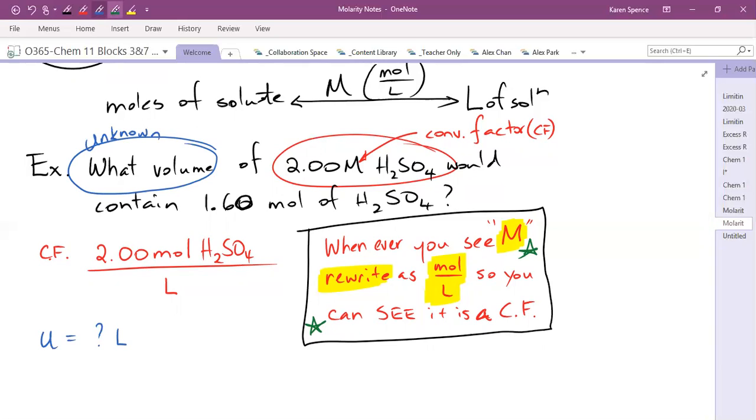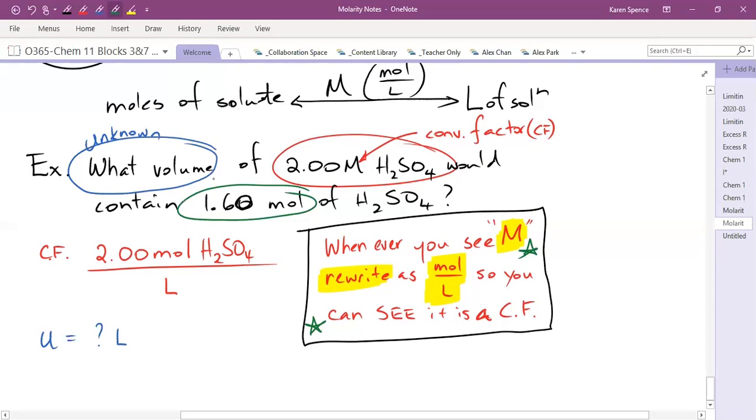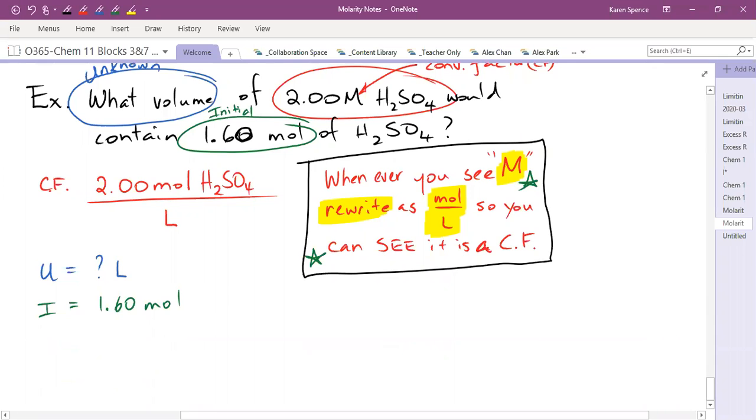And our known is 1.60 molar. That is our initial quantity. So our initial quantity is 1.60 moles, and we want to convert that into liters.